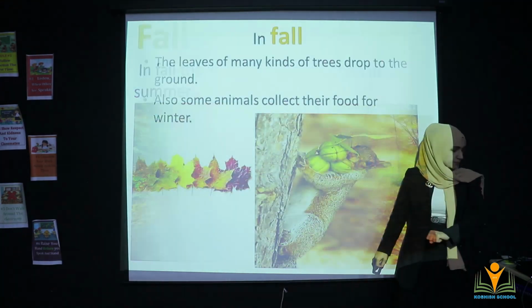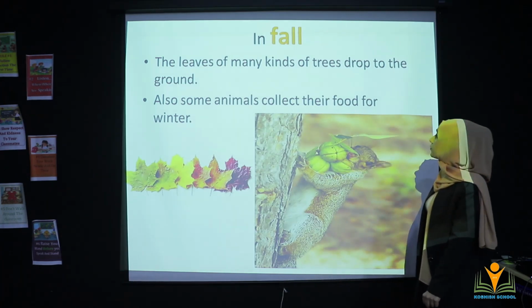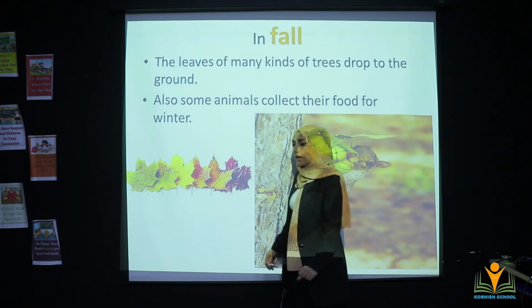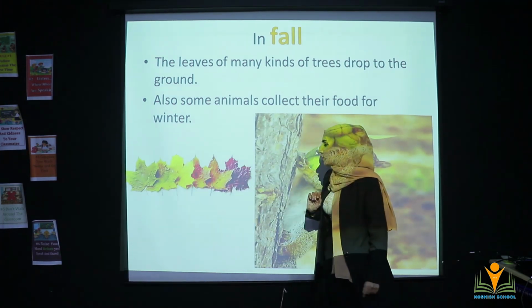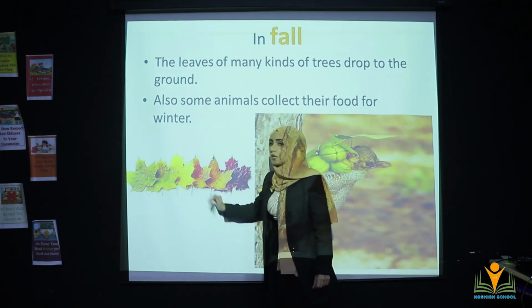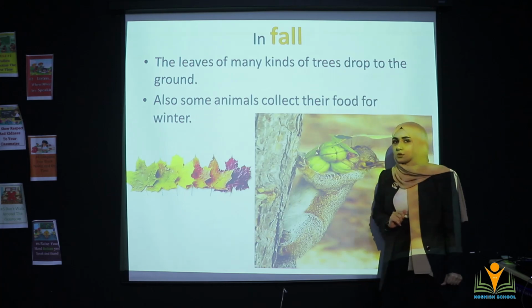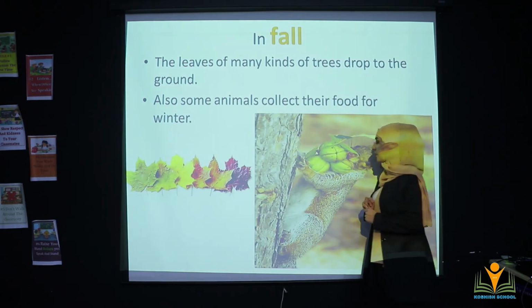In fall, the leaves of many kinds of trees drop to the ground. And in fall, the color of the leaves changes to yellow, orange, and brown.